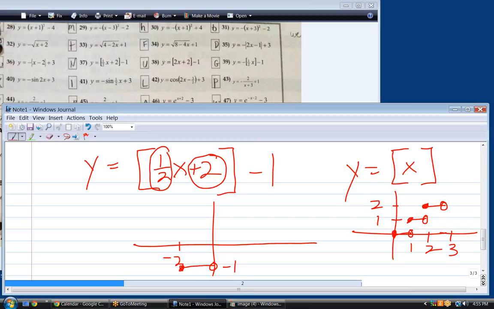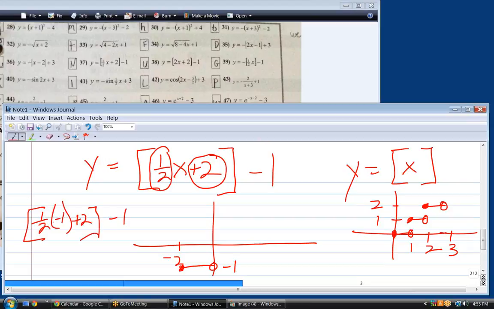Now, the true test is, let's pick a point between 0 and -2 and see if this curve matches it. Pick a number between 0 and -2. -1. Okay, so 1/2 of -1 is -1/2, plus 2.